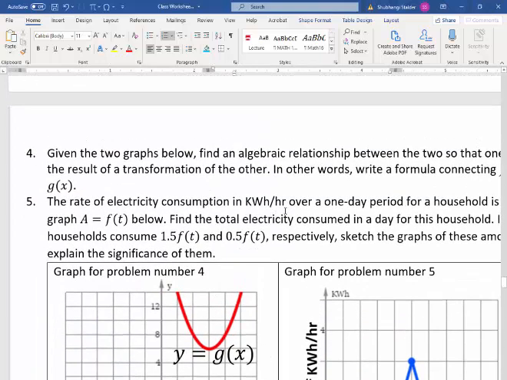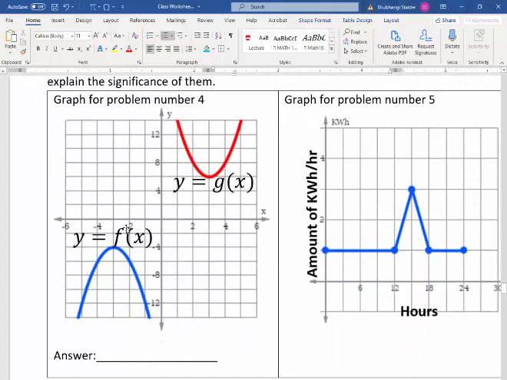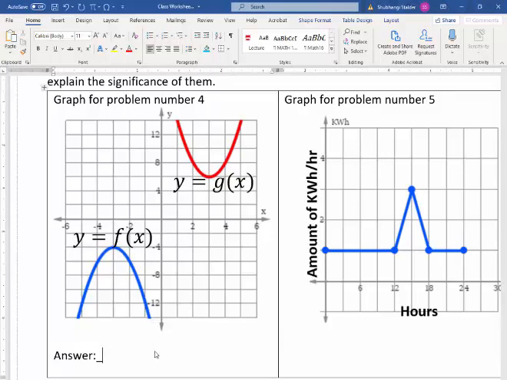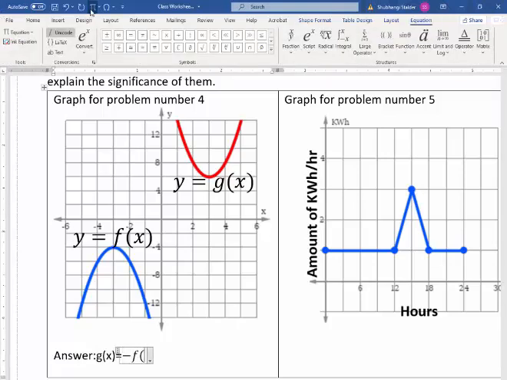So 4 says you are given 2 graphs and you tell us how they relate to each other. How do you think they relate? First of all, what's happened to f of x to get g of x? That's what they're asking. What do you think? We can say g of x equals, all right, negative. So flip and then what? And how much to the left or right?